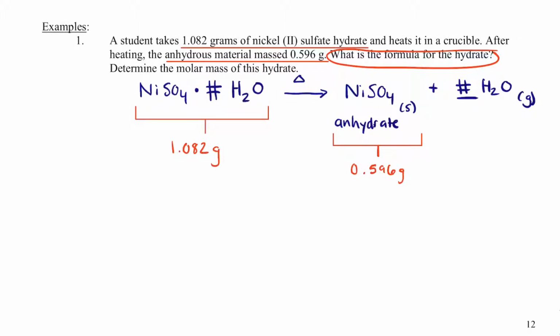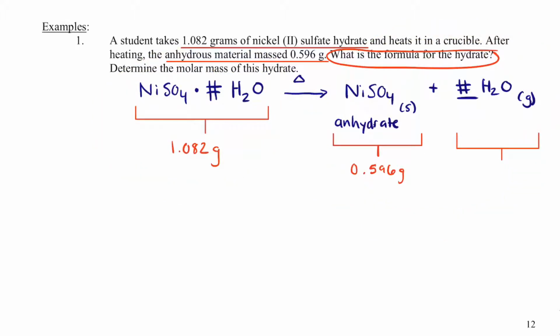We are going to need to get the amount of water, in grams, that was lost. It may not seem clear right now, but according to the law of conservation of mass, we're not going to gain or lose any mass in a process. So if the before was 1.082 grams, the after also needs to be 1.082 grams.